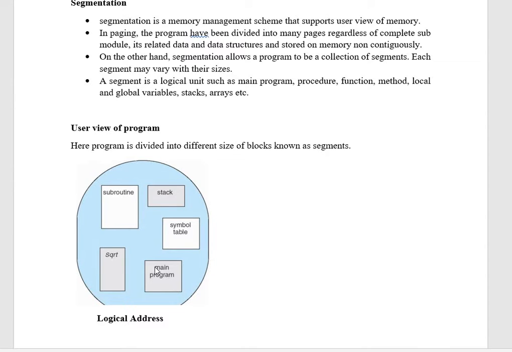It might be the entire main program, or some other submodule written for finding the square root, something like that. This is how the program is divided under segmentation.